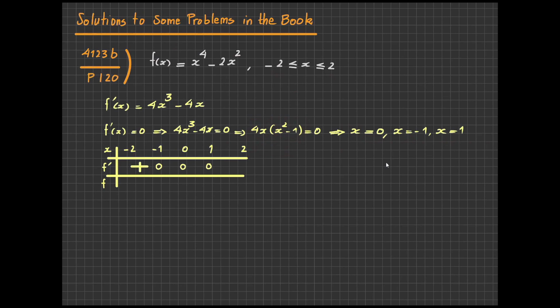And then you can do the same thing for between minus 1 and 0. You can just put minus a half, for example. This becomes negative, and then this becomes negative as well. So that's also positive. Am I right? So let me see. If I put minus 0.5 here, it becomes to the power of 2, it becomes positive 0.25. It becomes negative.